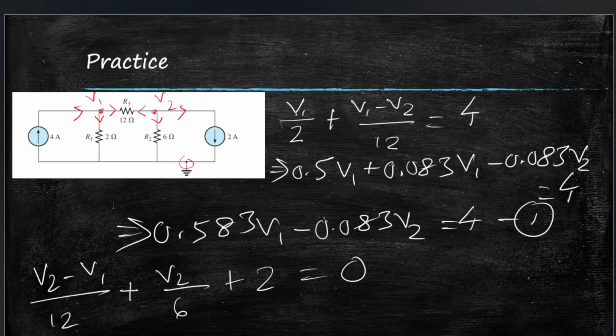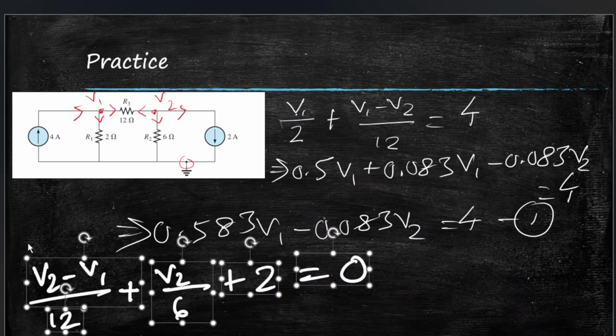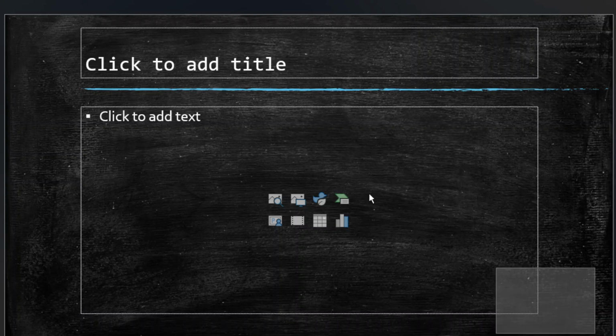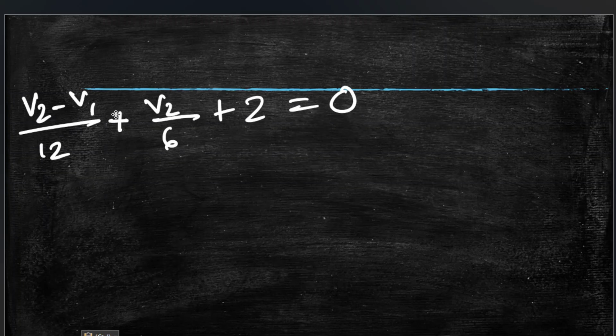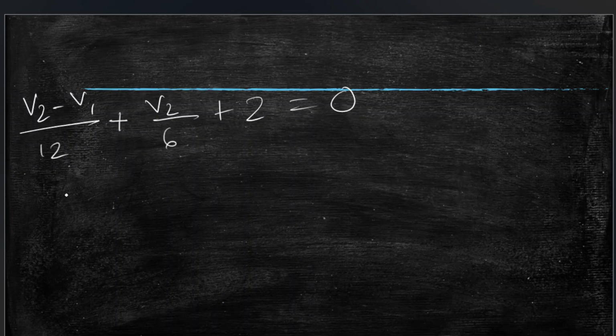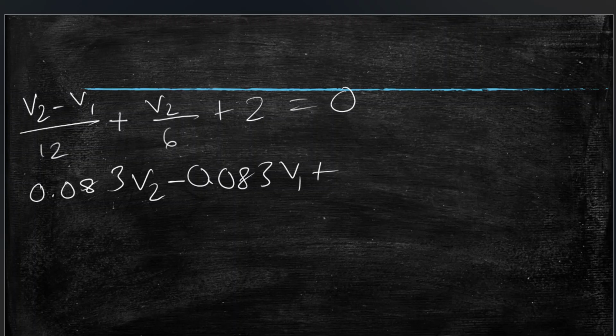Okay, let's take that to another page. Alright, now so V2 over 12 will be again 0.083 V2 minus 0.083 V1 plus also 1 over 6, 0.167 V2 plus 2 is equal to 0.